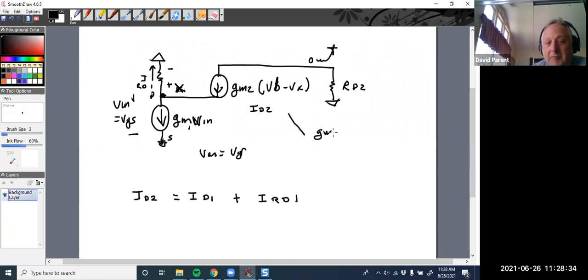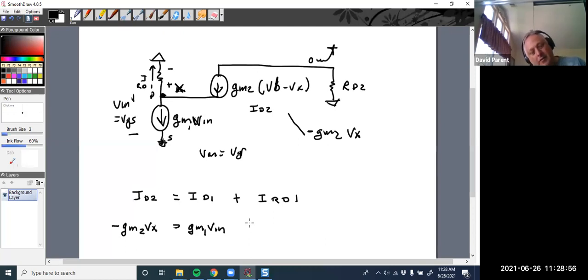So this becomes GM2 VX, and there's a minus sign there, right? So what's ID2? Minus GM2 VX. What is ID1? GM1 VN. And I need to redraw this so I can understand it.